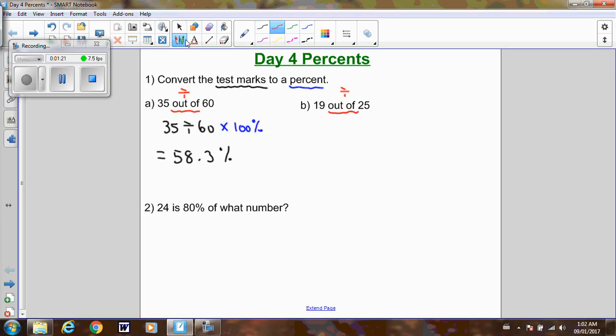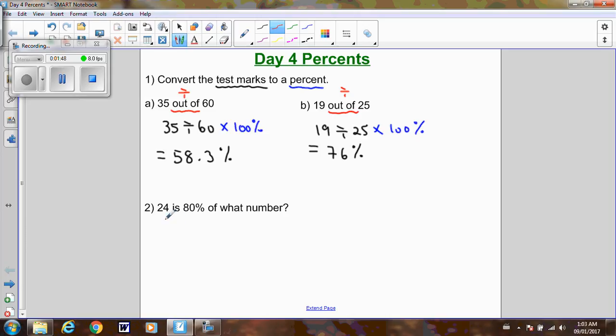So we're going to do 19 divided by 25, but don't forget to multiply by the 100%. We need that to find out the percentage. Put that into a calculator, and you should get the answer 76%.